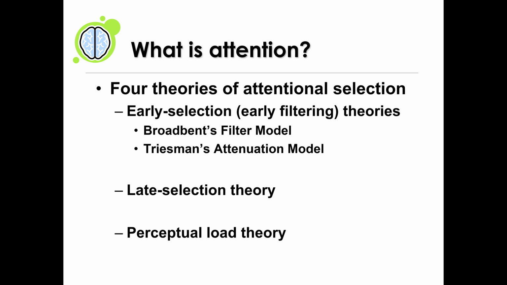Again, these probably don't make that much sense to you, but they will in a little bit because I'm going to go over them. What we're going to do right now is pretty much go over the early selection in this talk.